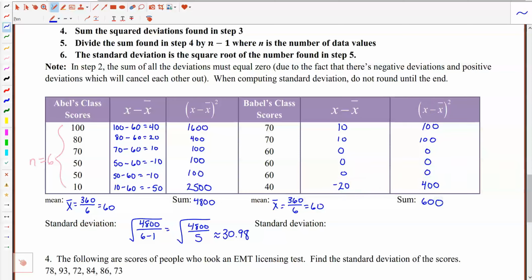So then the standard deviation, which is denoted S, if we wanted to notate this, so the standard deviation S is going to be the square root of 600 divided by, now in this data set I also have 6 data values, so this is going to be 6 minus 1, or 5. Alright, so this is what I'm going to throw in my calculator.